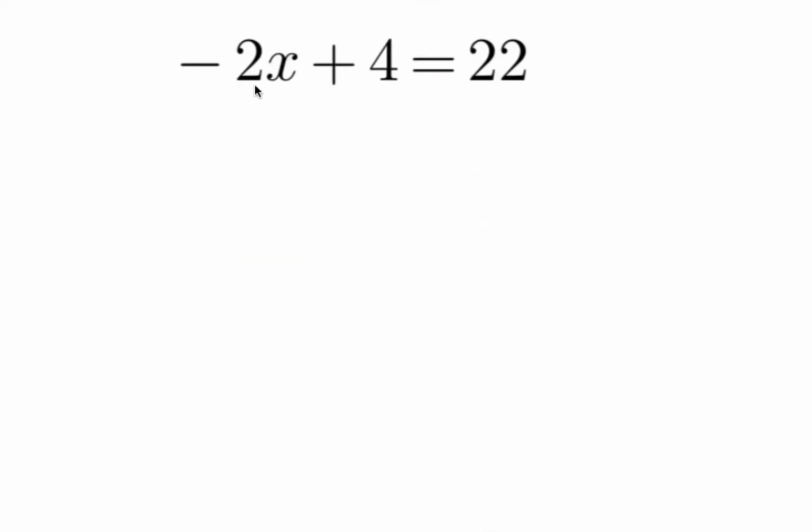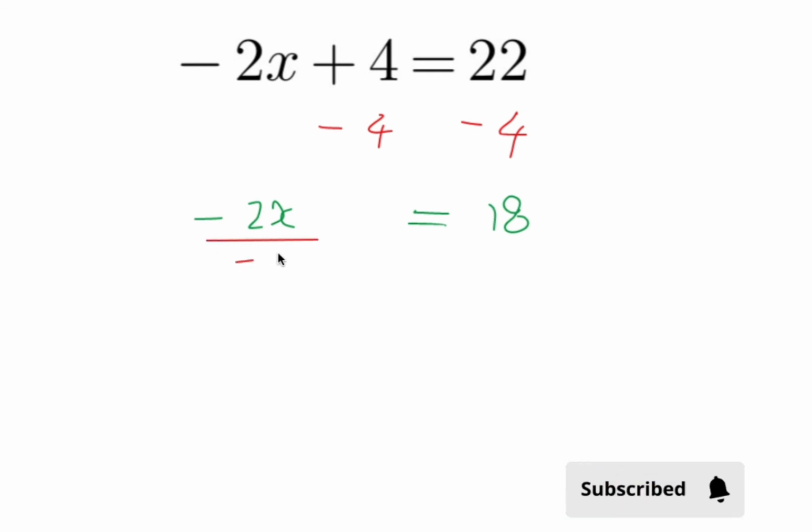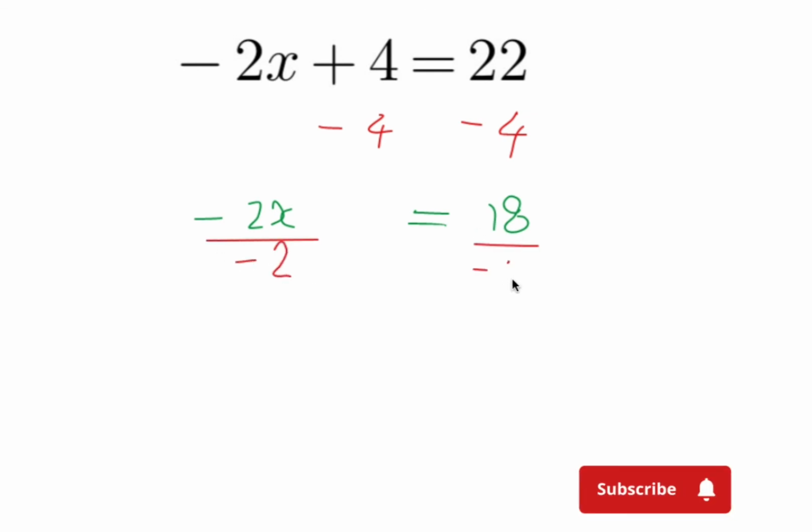Okay, minus 2x plus 4. So here we have to subtract 4 from both sides. Minus 2x equals 22 take away 4, which is 18, and now divide both sides by minus 2.